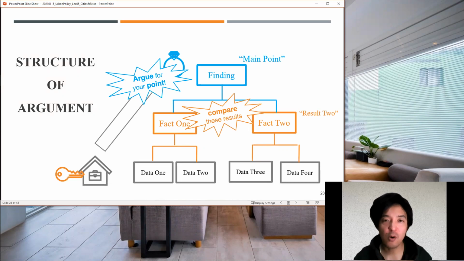Last week, we focused on how important our finding is, so we needed to argue for your finding, your point. But we also want to show that your point or finding is certainly based on certain data, right?